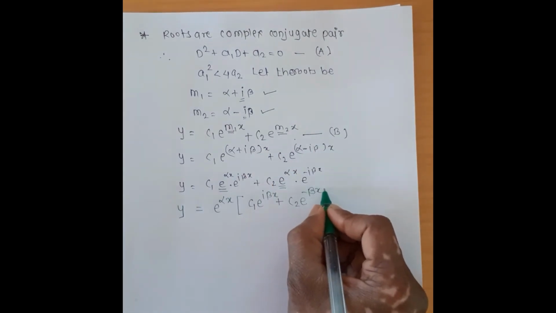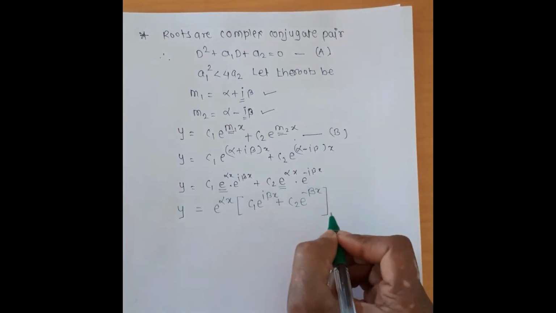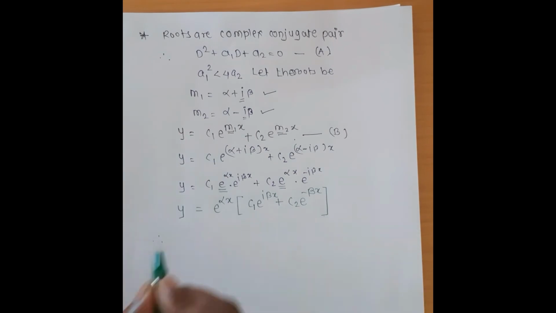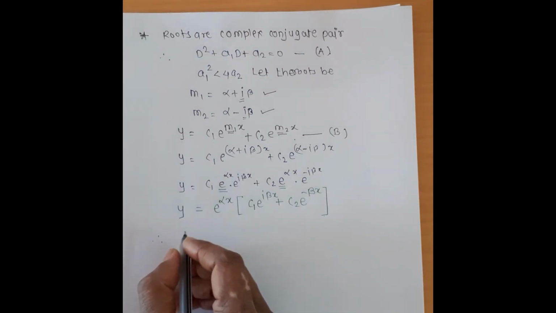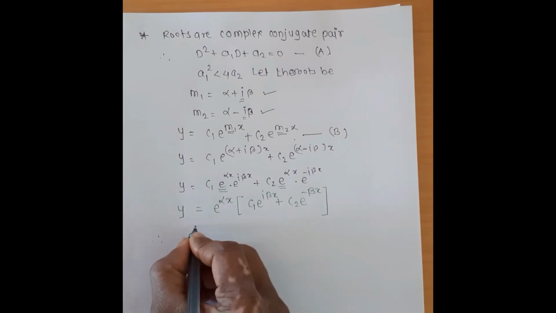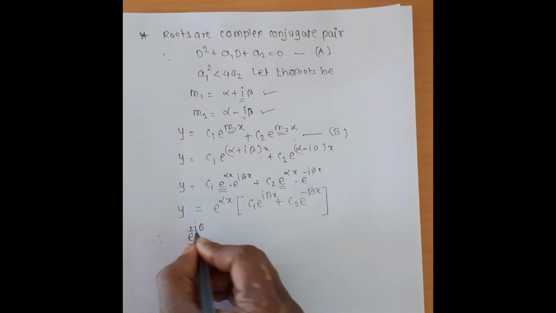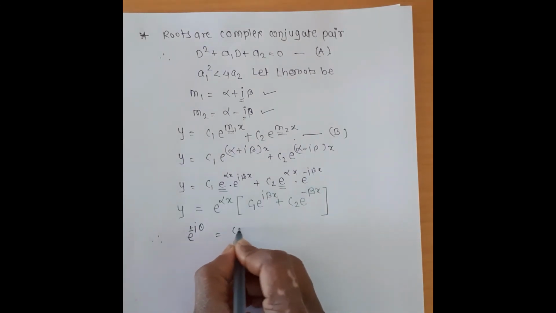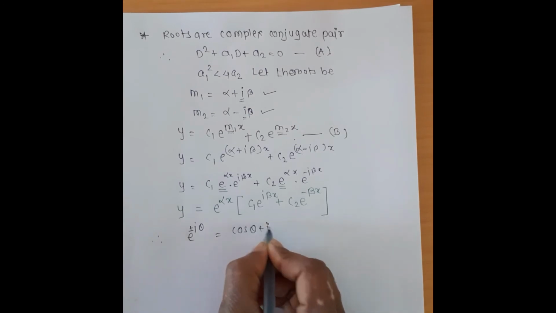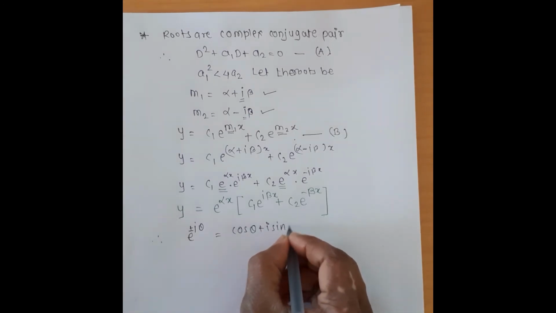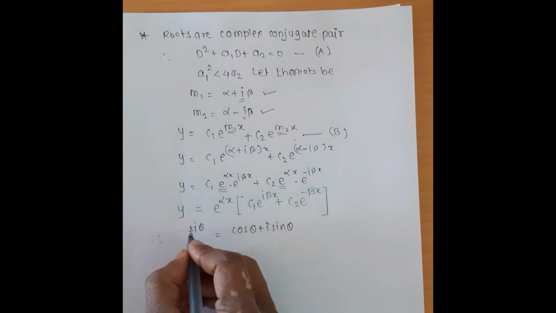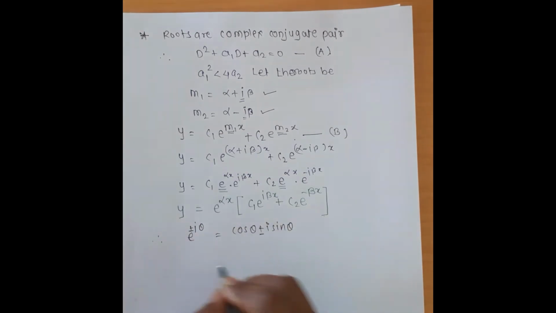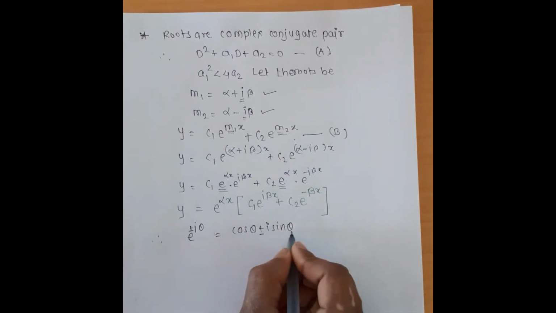Now you know there is an exponential function, which is written as e raised to i theta or minus i theta. When it is plus, it is written as cos theta plus i sin theta, and when the sign is minus, it is written as cos theta minus i sin theta.